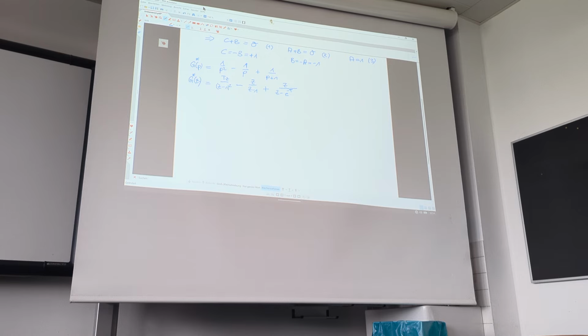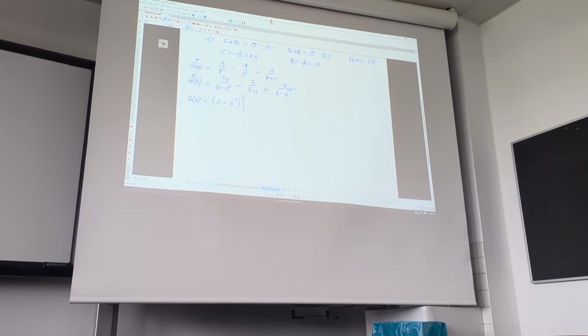So our G of Z is actually this expression multiplied with 1 minus Z to the power of minus 1, because the dead time in the Z domain is a multiplication with Z to the power of minus 1, so one shift of one sampling period capital T into the future.